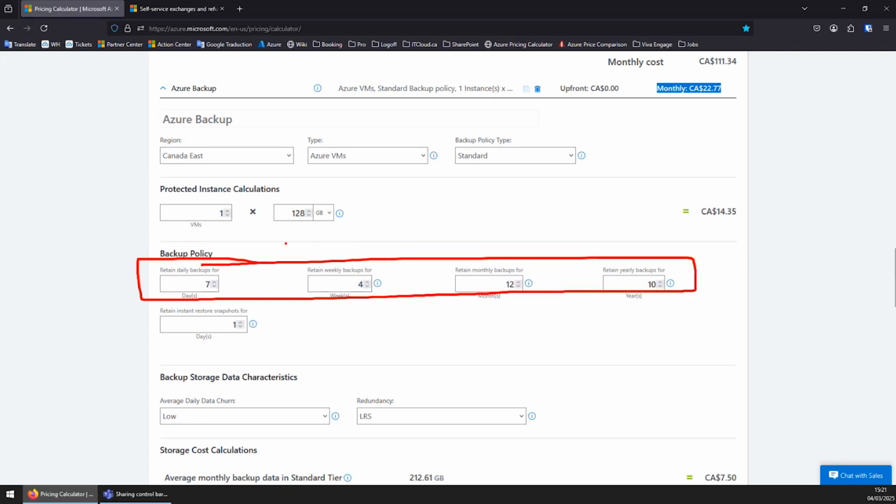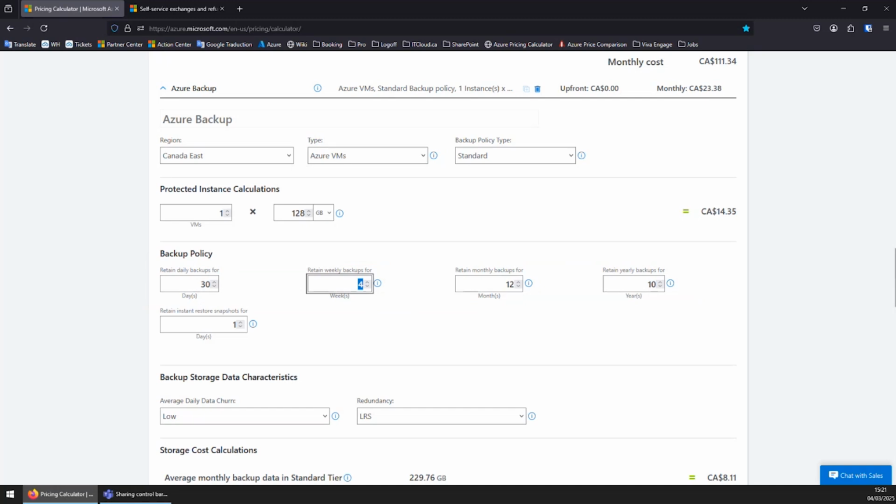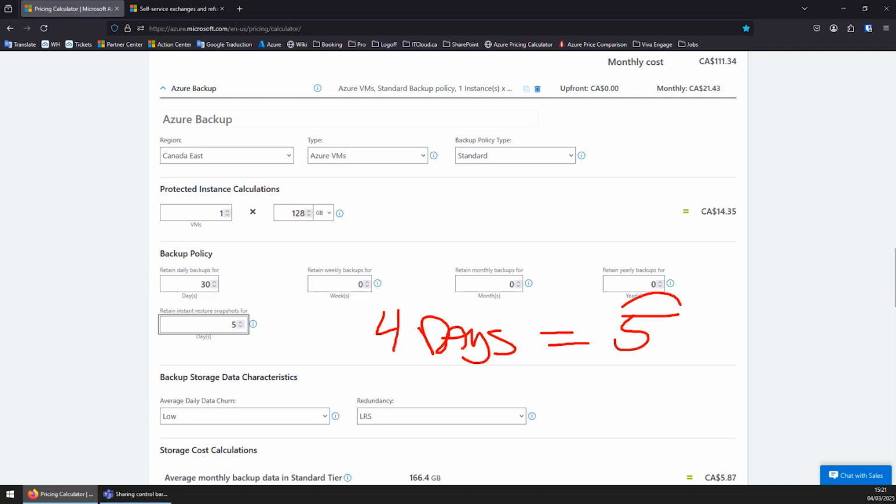What is the stress for your customer regarding the recovery of the data? Let's play with 30 days for the rest of the mechanism, just to keep it easier. Instant restore snapshot is too complicated for nothing. Keep it simple. You need to have 5. This is the maximum. Why? Most of the time we have a 4-day holiday weekend in Quebec and Canada, so you will be happy to have 1 more day if something goes wrong.